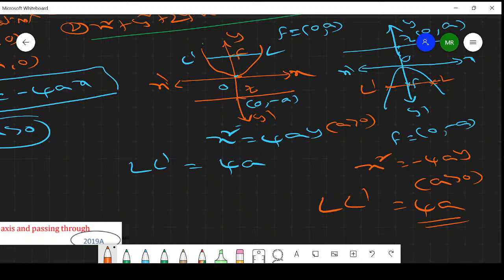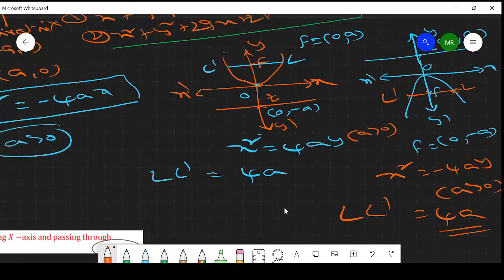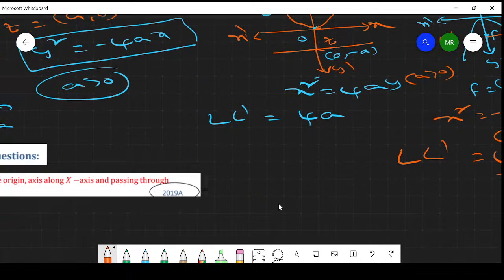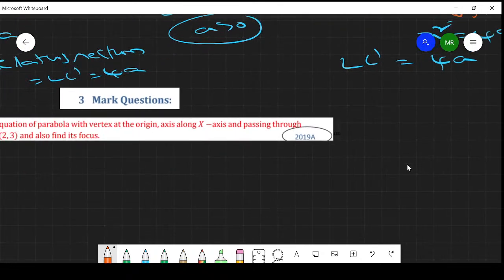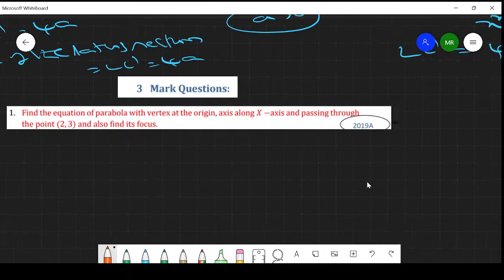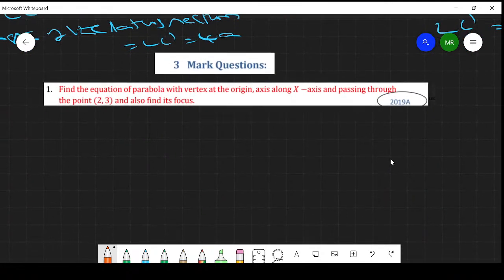In the case of the ellipse, we will get the vertical ellipse and the horizontal ellipse. I am going to explain that when I do the problems of the ellipse. You got an idea about the parabola, I hope. Just keep these things in your mind. Now I am going to discuss 3-mark questions.